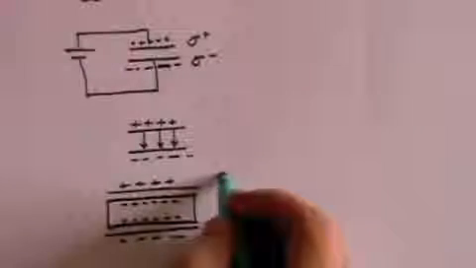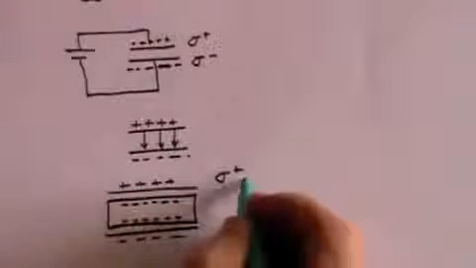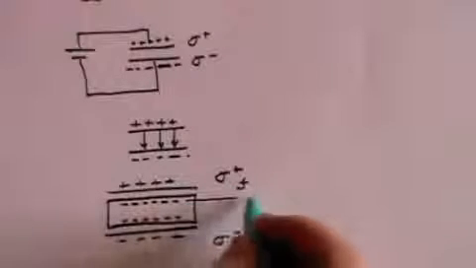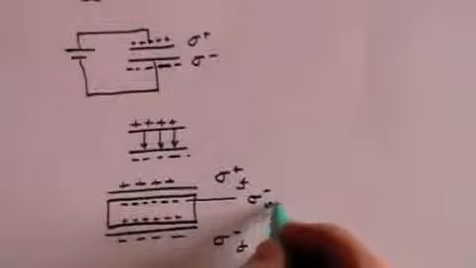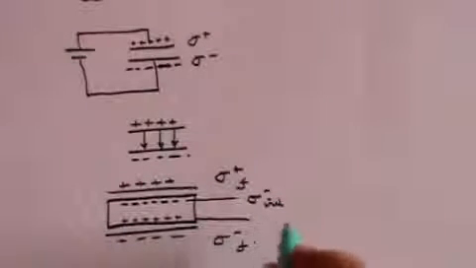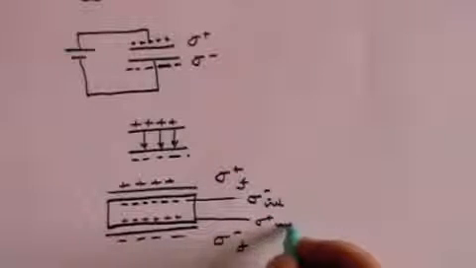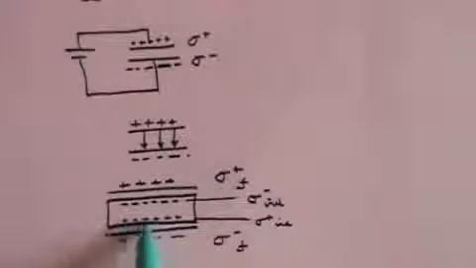So here you've got the surface charge on the plate, which we're going to call the free charge. And here you've got the negative free charge on this plate. But here you've got a negative induced charge on the surface of the dielectric. And here is a positive induced charge on the surface of the dielectric at this end.